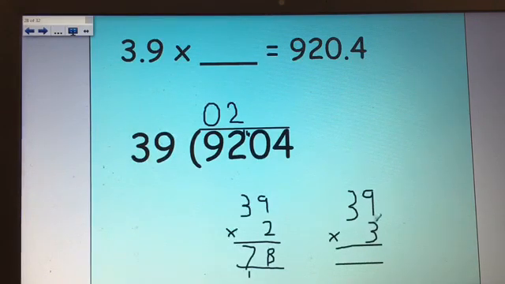So 9 times 3 is 27. Carry the 2. 3 times 3 is 9. Add the 2 is 11. 117. So it's going to go 3 times with how much left over? From 117 to 140? 23, I believe.